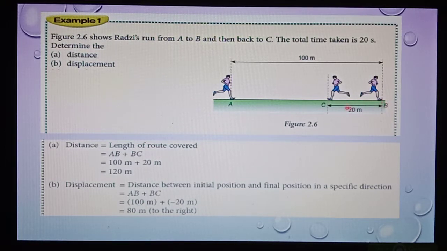Because BC is in the opposite direction to the initial motion. So AB plus BC gives 100 minus 20. We get a positive value, meaning displacement is directed towards the right, because displacement is a vector.